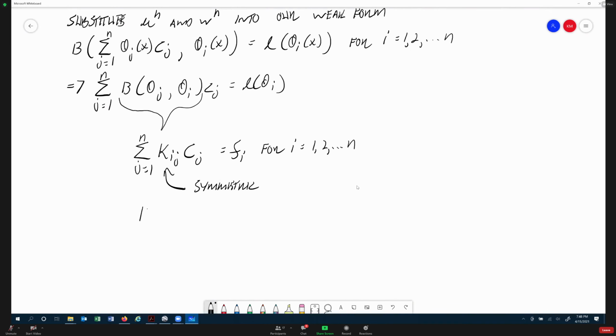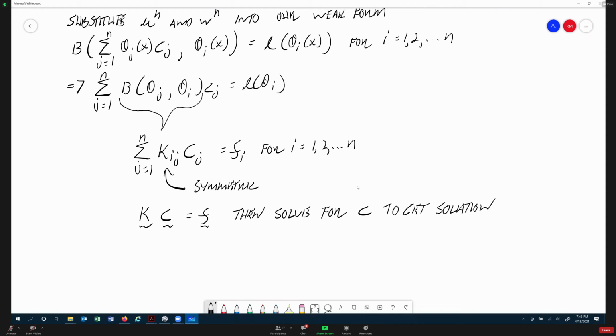So we can write it as a matrix, K c is equal to F, and then solve for c.